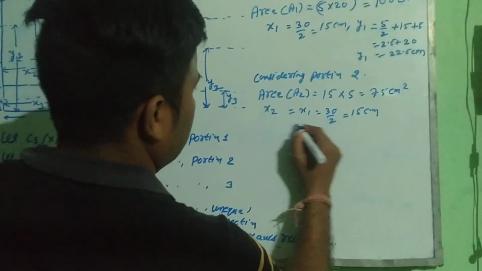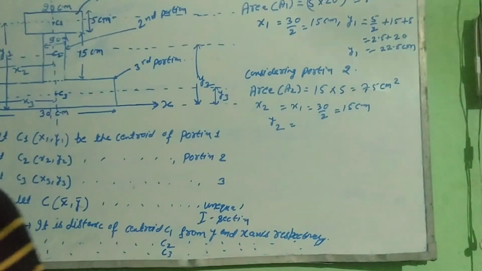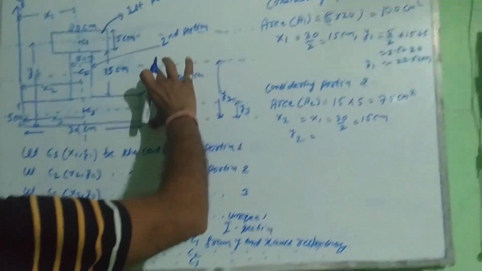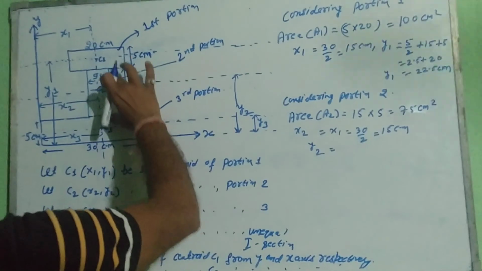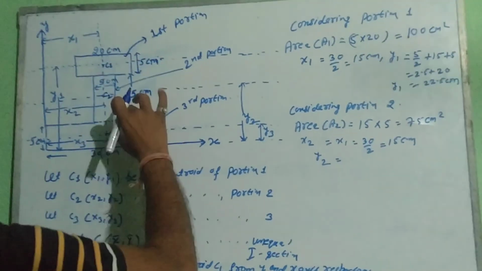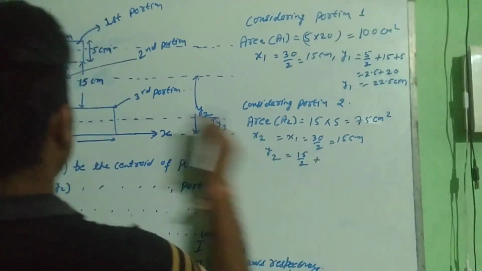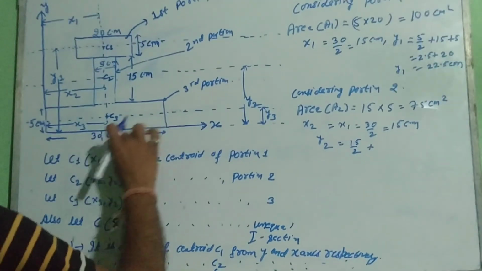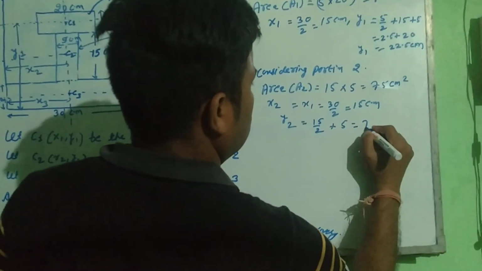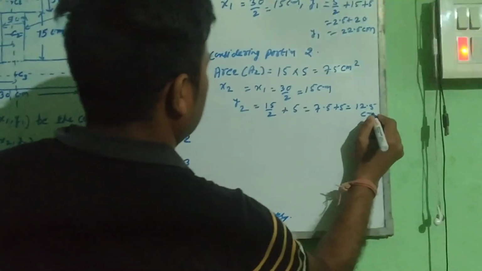Now y2. y2 is half of this portion, 15 by 2, plus this height 5, so 12.5 centimeter.